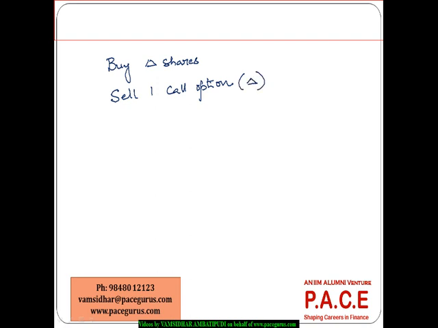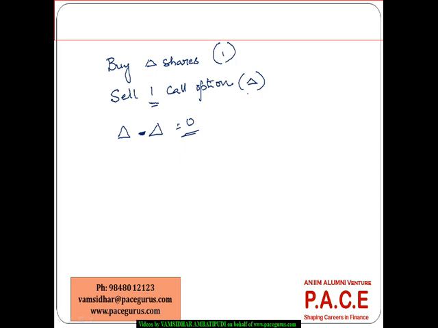Because I have bought delta number of shares, and for each share the delta is 1, the delta of the shares is delta. And I have sold one call option, so the position has a negative delta, and the delta of one call option is delta. Overall, the delta of the portfolio is 0.